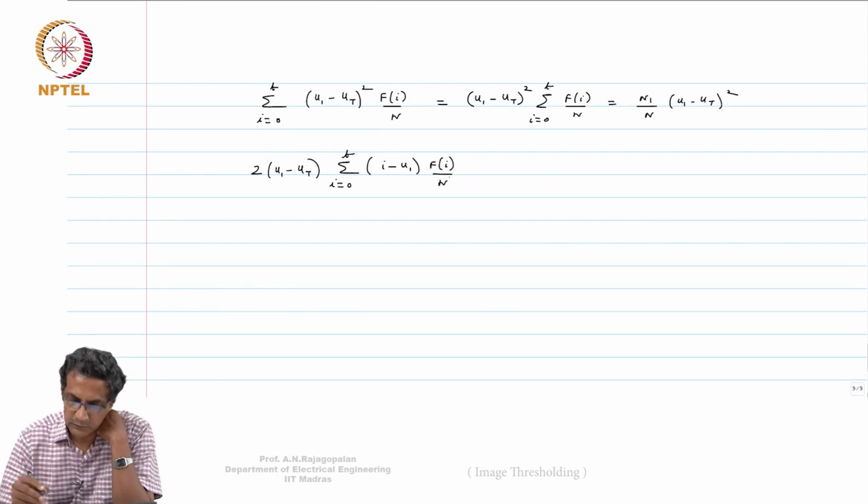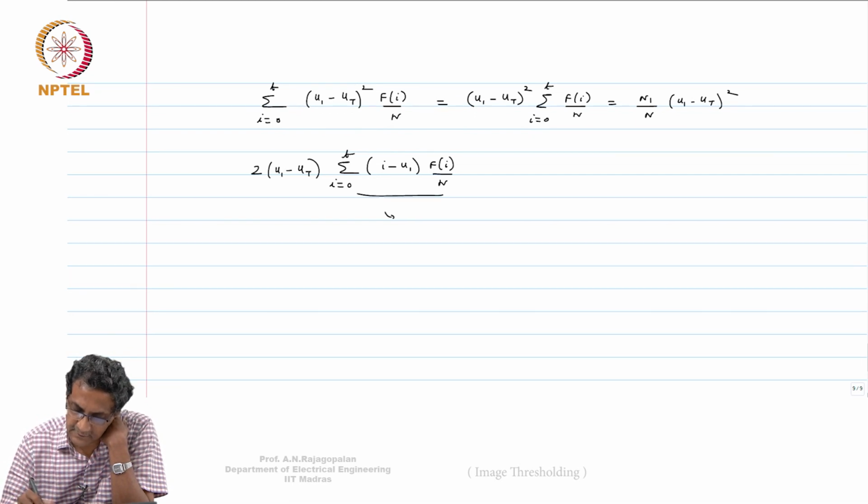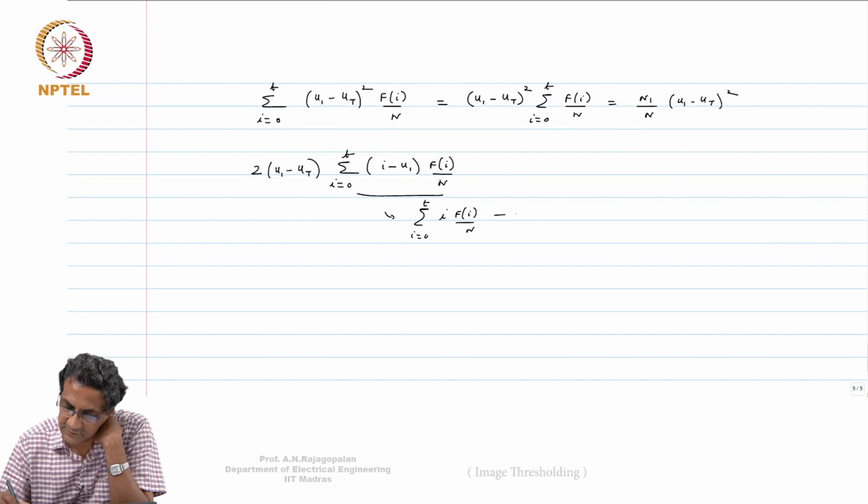Now, this can be split as summation i into f of i by n, i going from 0 to t, minus mu 1, which is of course independent of i, into summation i equal to 0 to t f of i by n.